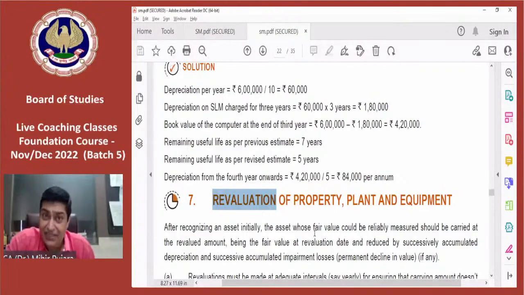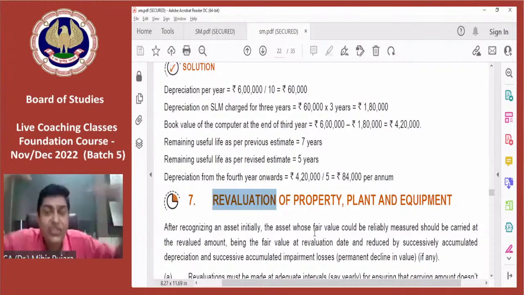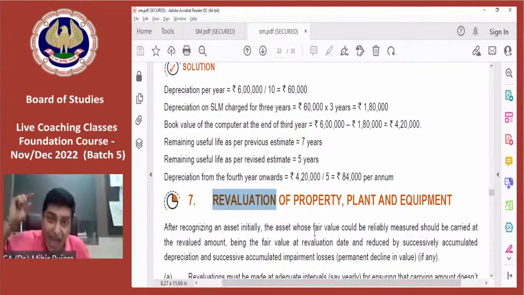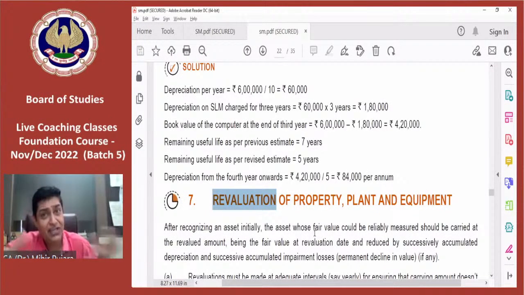And therefore, naturally, my depreciation from the 7th year will be changed, from the date on which I revalue. And ICI asks, tell me what will be the new depreciation after revision in number of years or after revaluation, or after both of these are applicable. Find the revised depreciation and tell.